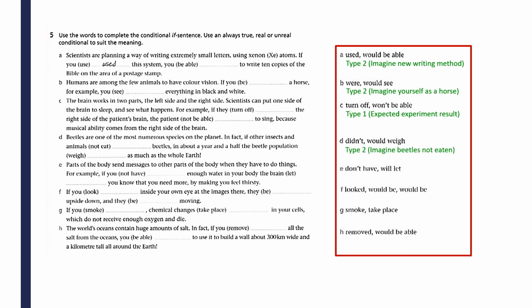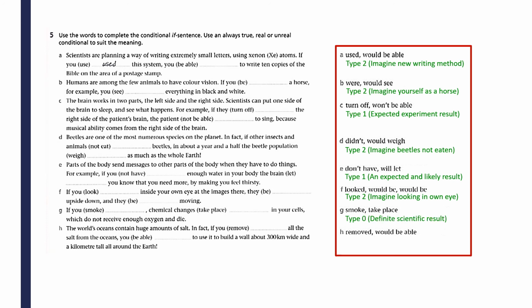D. You're imagining beetles not being eaten and therefore the situation will be different from reality. Imagination, type 2. E. It's a likely result of how our body will react, type 1. F. We can't look inside our own eye, so it's an imagination of something quite unlikely, type 2.